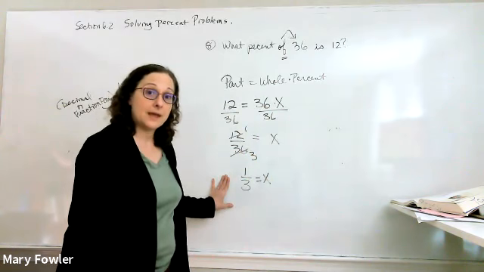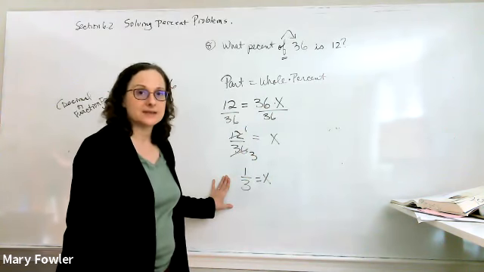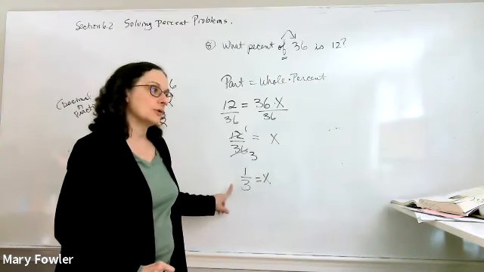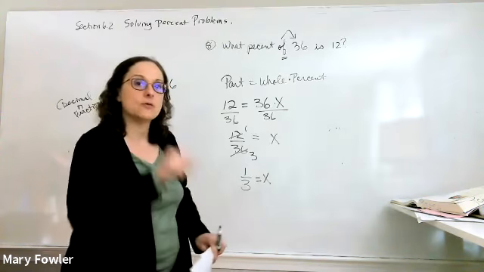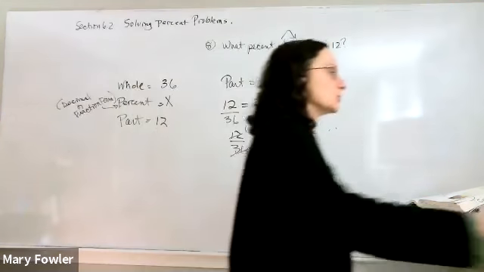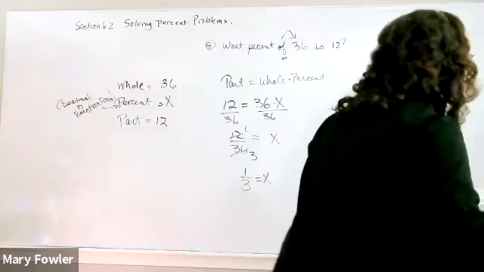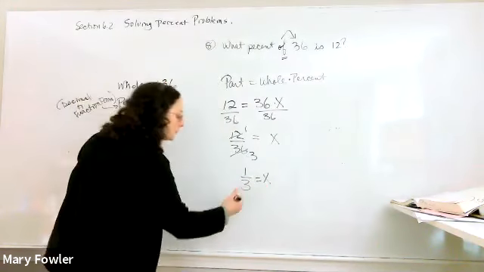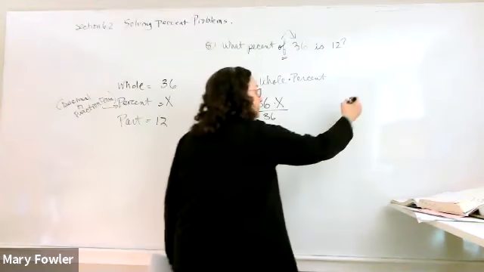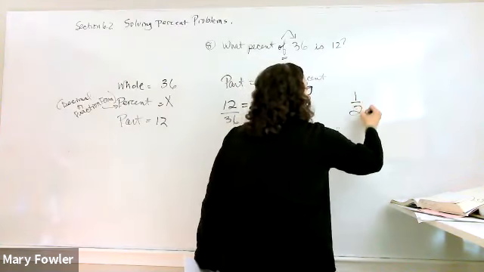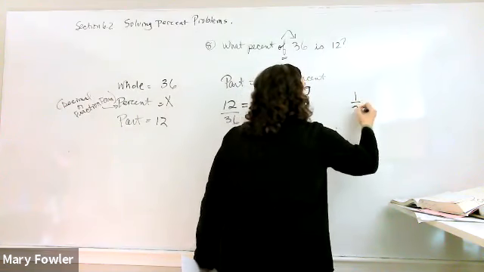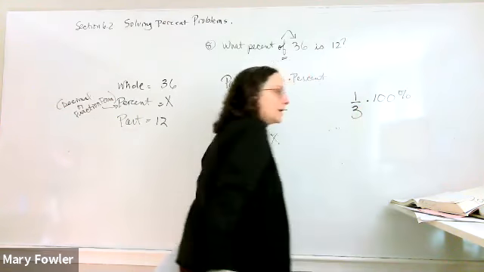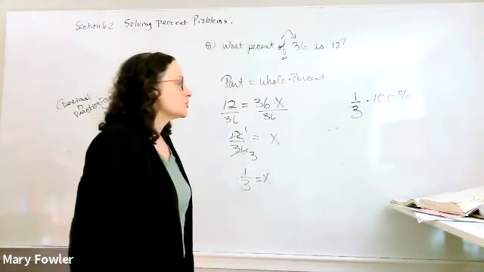Now we're asked to give our answer as a percent. So we need to translate 1/3 into a percent. So go from fractions to percent. Okay, and to go from fractions to percent, we want to multiply 1/3 times 1 in the form of 100%.